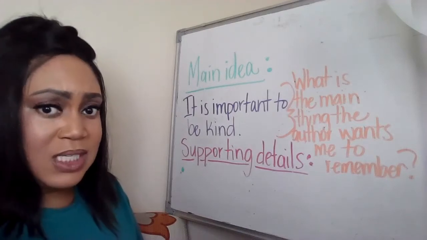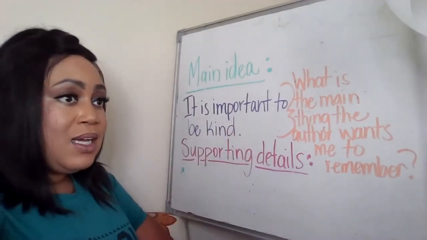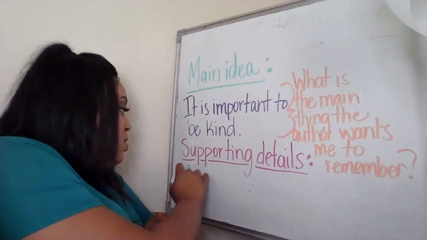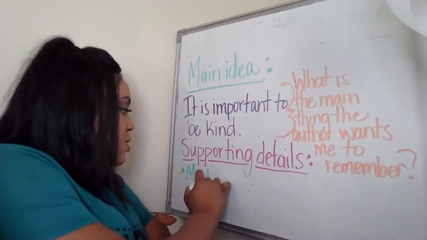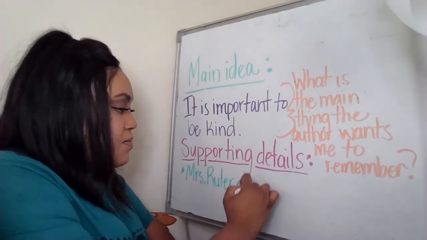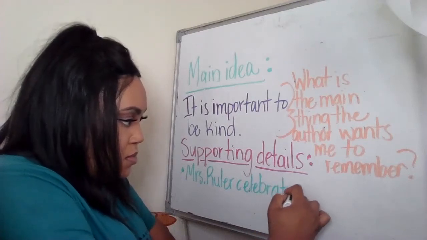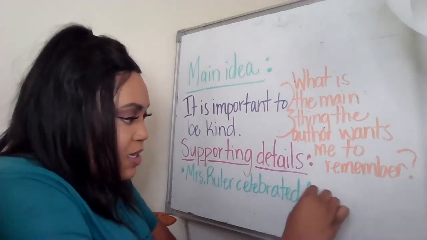So, one supporting detail from the story that shows that it is important to be kind is that Mrs. Ruler celebrated Anaya and Tawana's 10 kind acts.